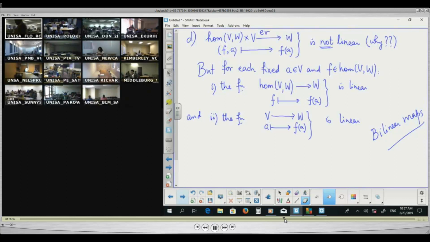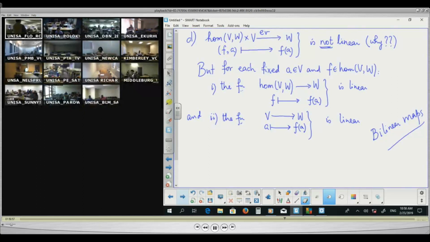Bringing up this analogy, so you had sets, functions, sets of functions, vector spaces, linear transformations, Hom, the linear transformations between two vector spaces, right? There's also another one.